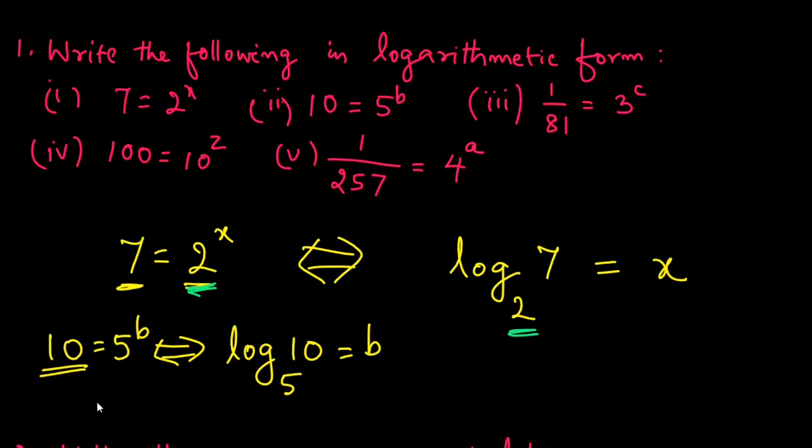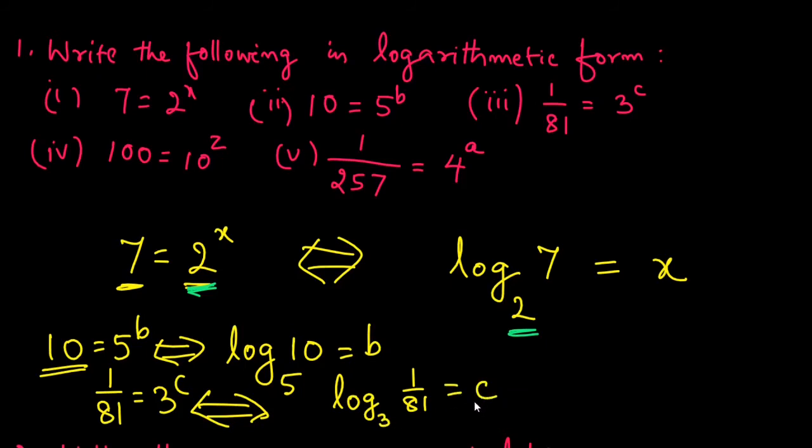Third one, 1 by 81 is equal to 3 power c. This can be written as log of 1 by 81 to the base 3 is equal to c.